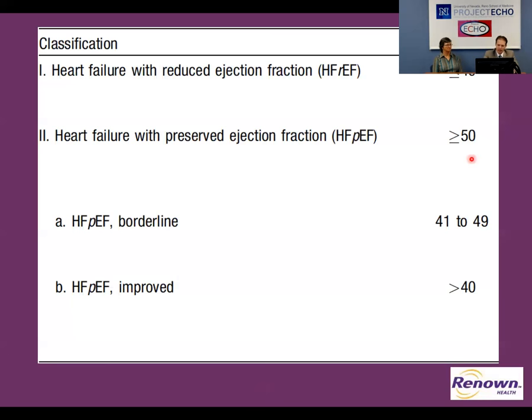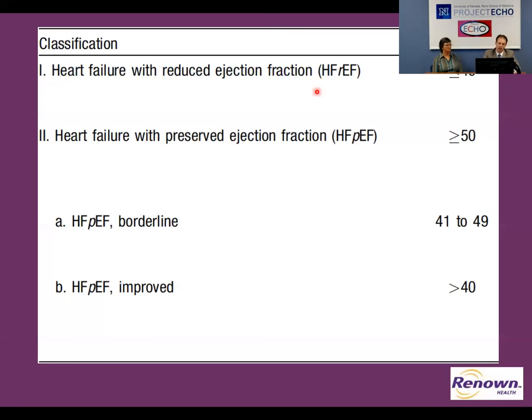Now, that being said, these heart failure with borderline or improved ejection fractions, we usually lump them with the HFpEF people in terms of what we think works for them in goal-directed medical therapy. If they have improved ejection fraction but previously reduced, then I usually will treat them like an HFrEF.